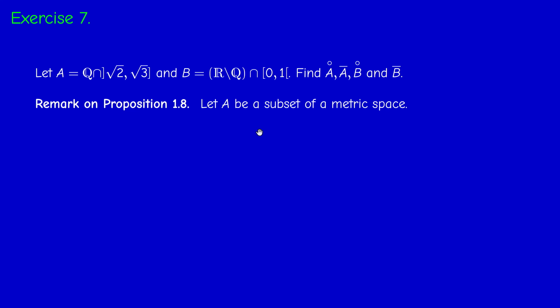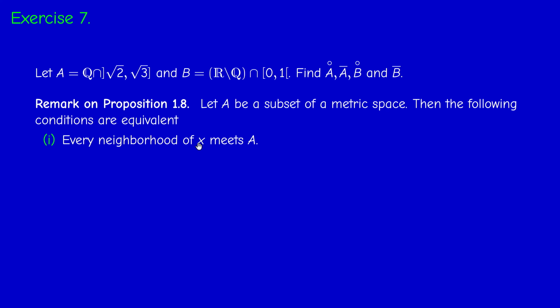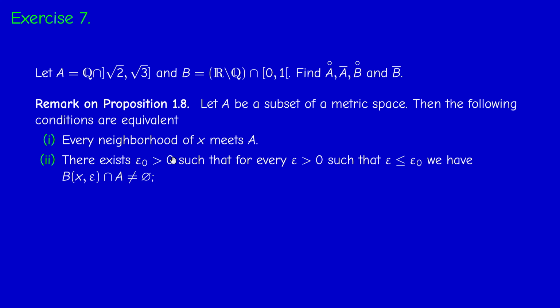If A is a subset of a metric space, proposition 1.8 tells us that there's an equivalence between: X belongs to A bar, every neighborhood of X meets A, and there is a sequence in A converging to X. Now, this is also equivalent to another condition, slightly different from condition 2 in the proposition. Instead of every neighborhood of X, I can take any sufficiently small neighborhood of X. So the condition that every neighborhood of X meets A is equivalent to saying that any ball of center X meets A.